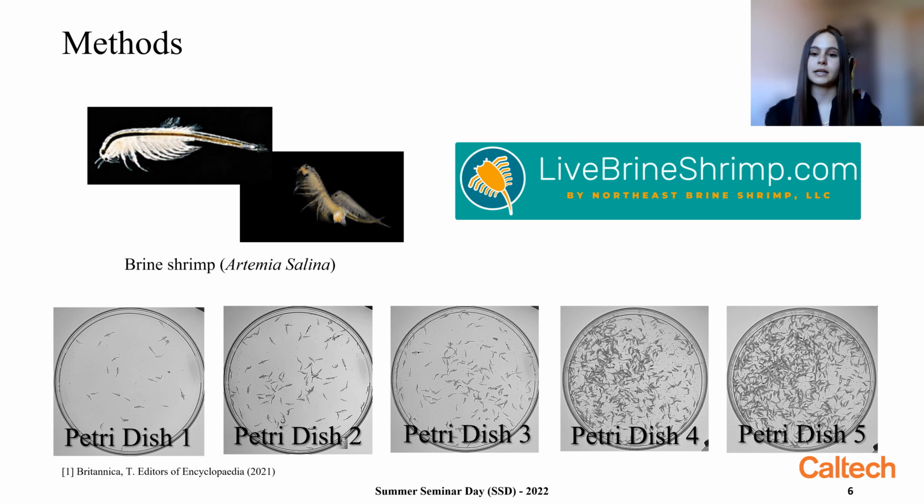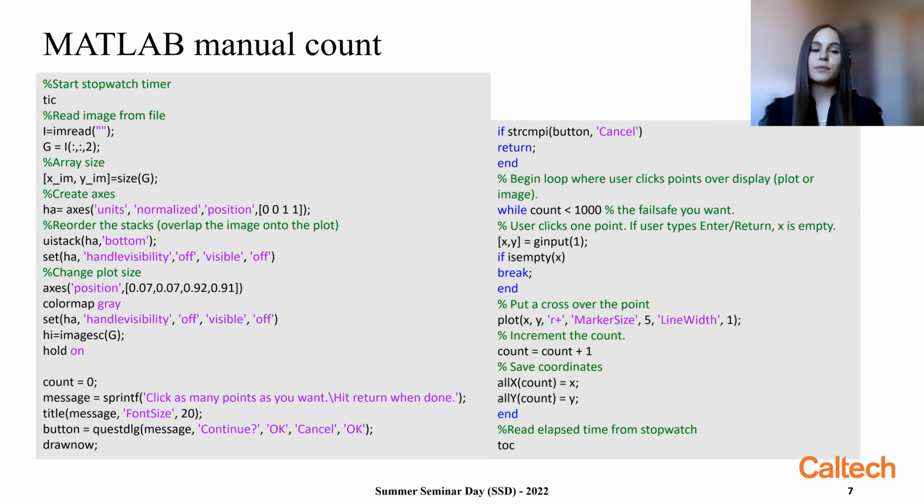Then, processing techniques are used to count the number of shrimp, and this method is compared to a manual count to determine ground truth. For the manual counting, I acted as an observer to conduct the counting process for the 5 Petri dishes. I created a MATLAB code to help manually count the number of brine shrimp in the Petri dishes.